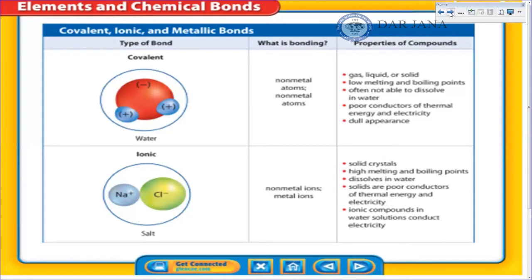Solids are poor conductors of thermal energy and electricity. Ionic compounds in water solution conduct electricity. For example, if you put salt in water and try to conduct electricity through the water, it works because of the salt dissolved in water, and salt is an ionic compound.